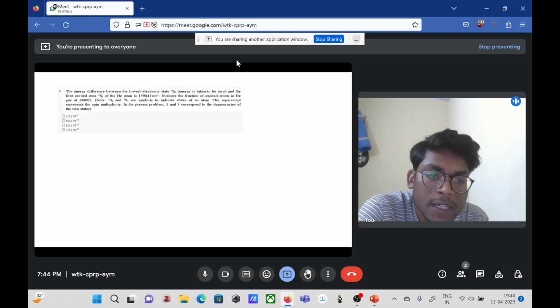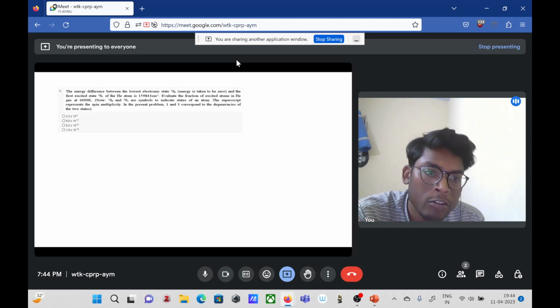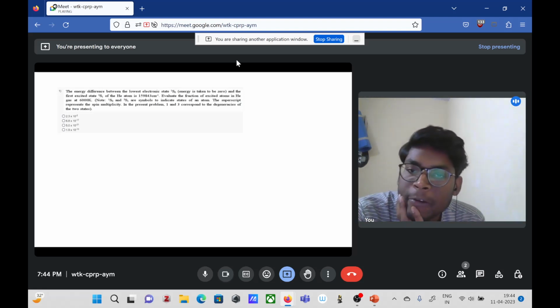Here it is written in terms of wave number unit. Okay, I'll give you the unit converter. Evaluate the fraction of excited atoms in He gas at 6000 Kelvin.